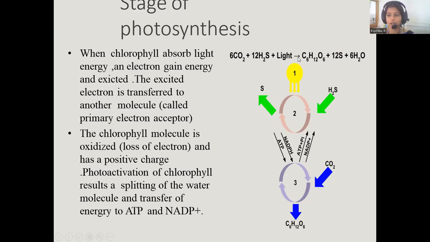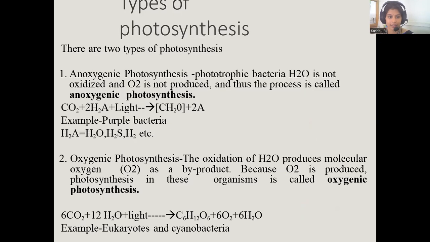This is not with respect to oxygenic or anoxygenic. This is a simple bifurcation or a simple protocol of how exactly photosynthesis occurs in bacteria. Here we are going to learn how oxygenic and anoxygenic differ. As I told you, in anoxygenic photosynthesis, oxygen is not produced as a byproduct.